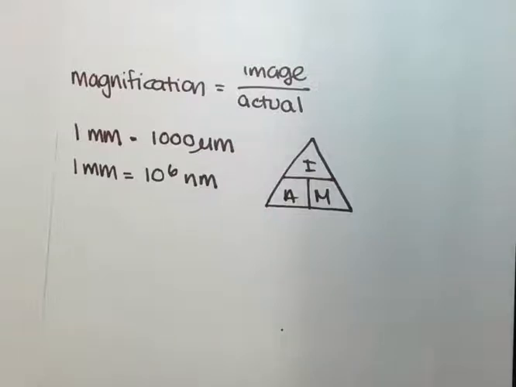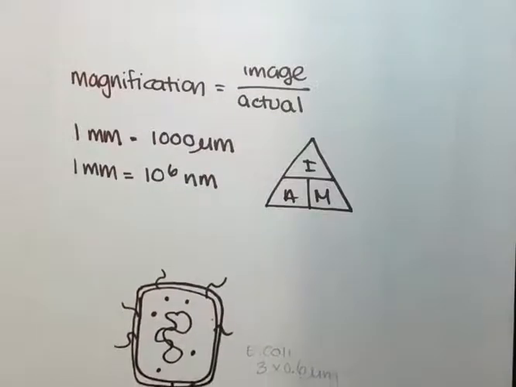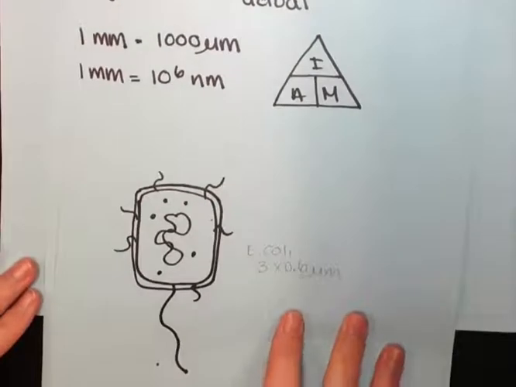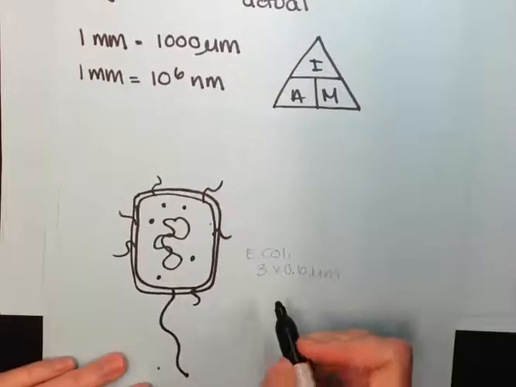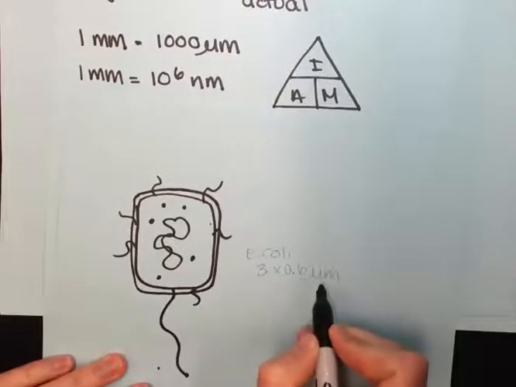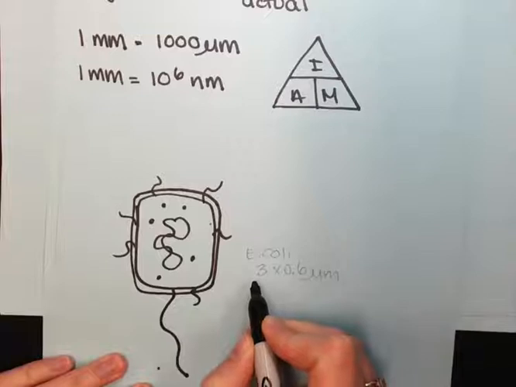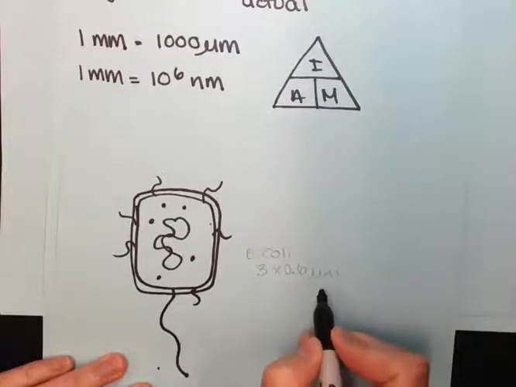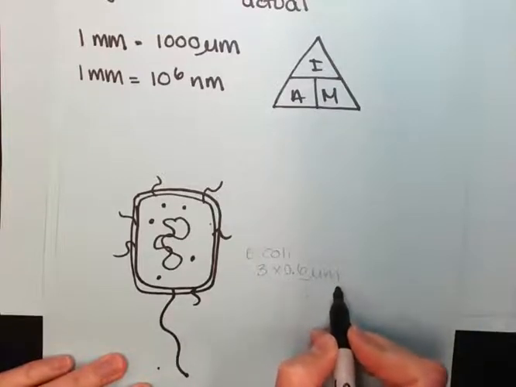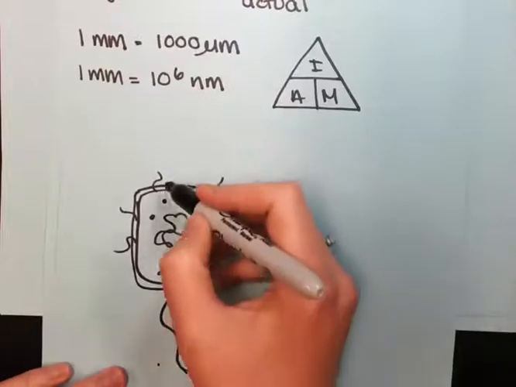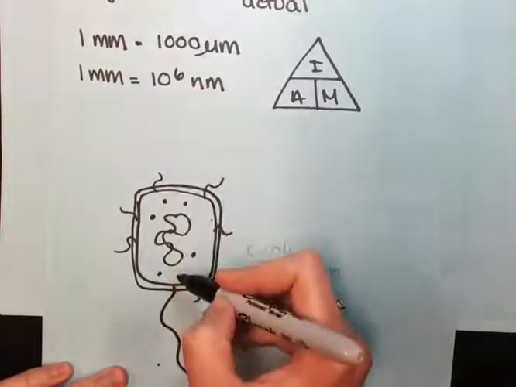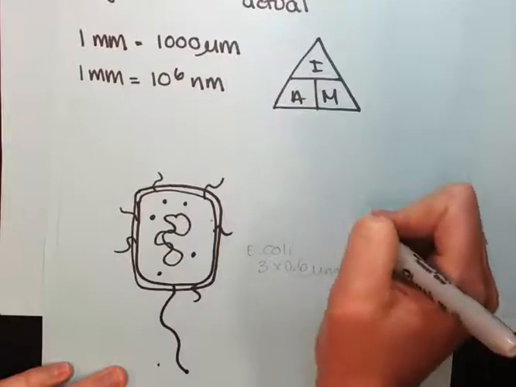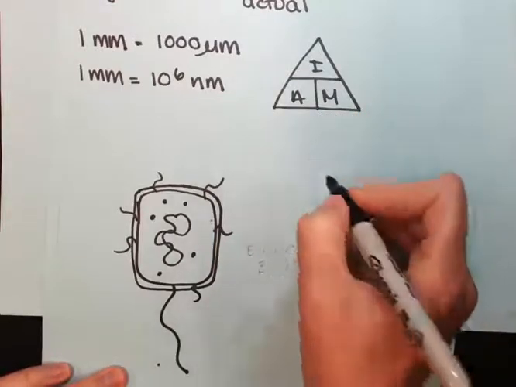Alright, so let's talk about how to actually figure these things out. I have my image. I looked up the actual for E. coli. So the actual measurement for an E. coli is approximately 3 by 0.6 micrometers. Now, I'm going to say that 3 is going to be this one right here, the length or height.